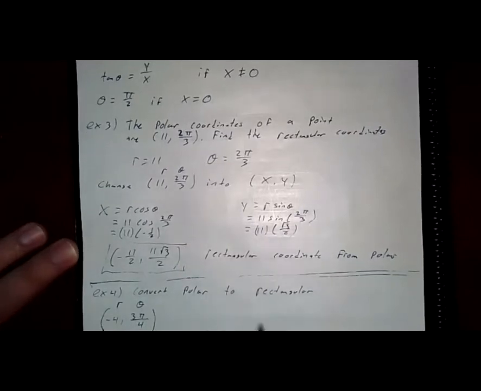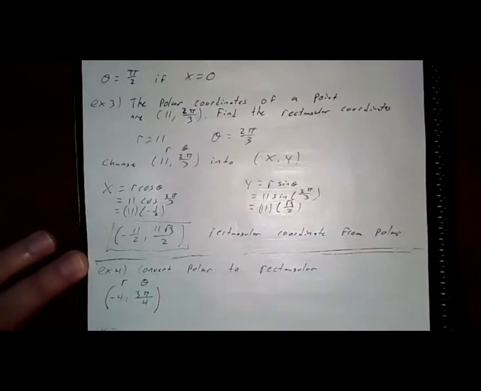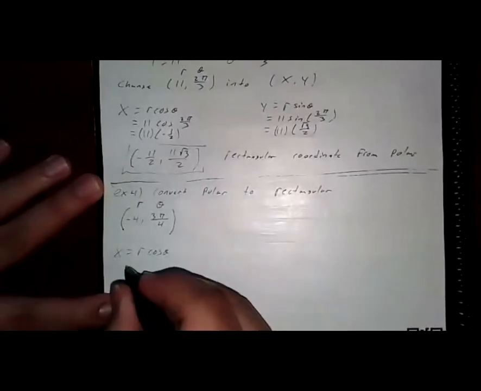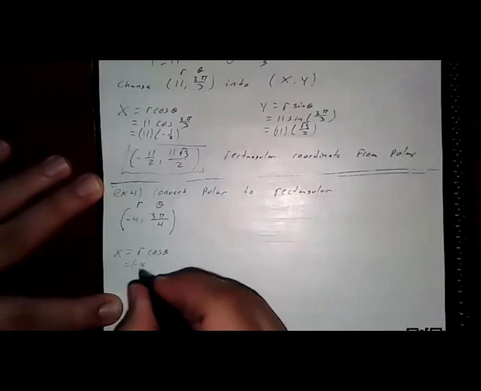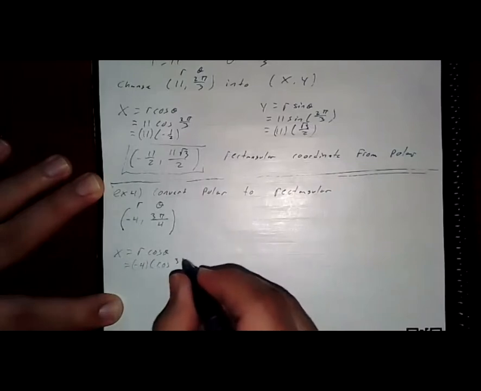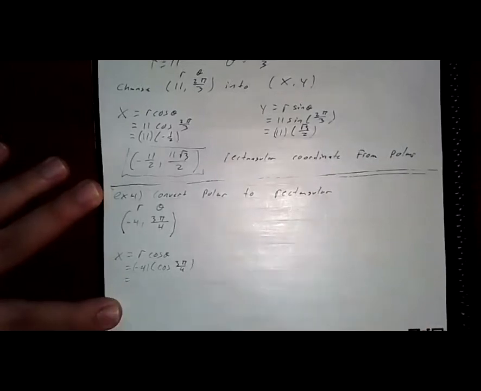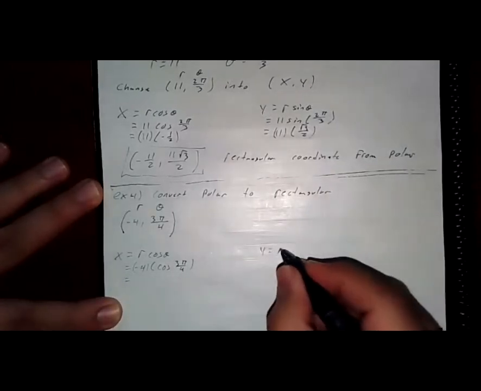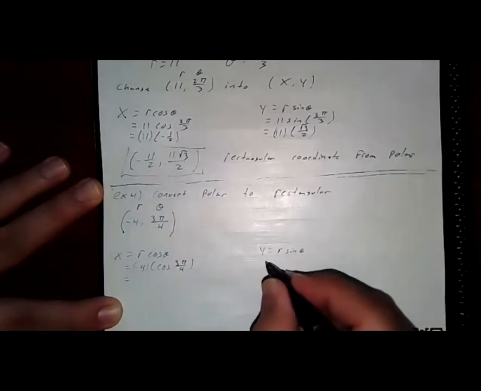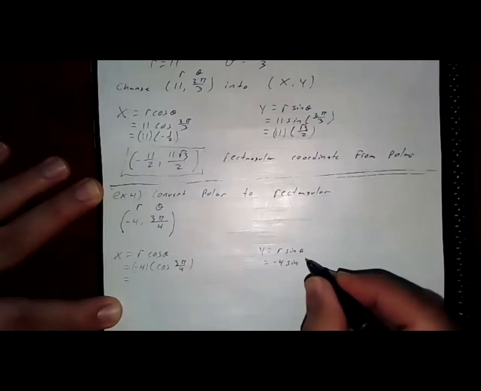Okay, so use the formula. X is equal to r cosine theta. So that would be equal to -4 times cosine of 3 pi fourths, right? Then the y will be the same deal, r sine theta, which will equal -4 times sine of the same angle, 3 pi over 4.